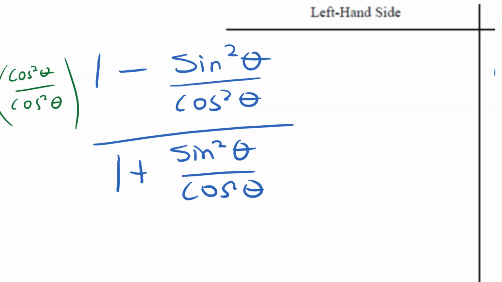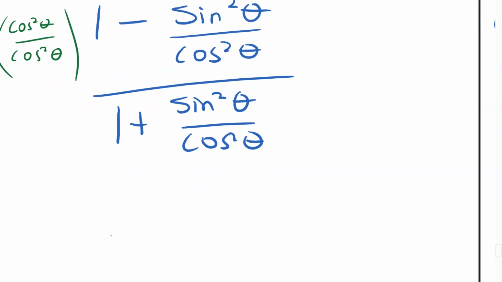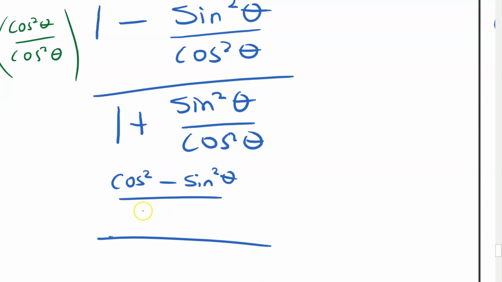So that's in my complex fraction. I'll just do that part first. Over here I'm going to get cos squared theta minus sine squared theta all over cos squared theta. That's just from that numerator. Now looking in the denominator, same idea.